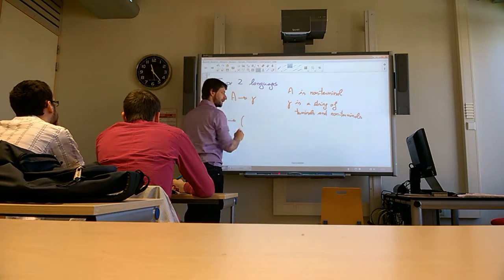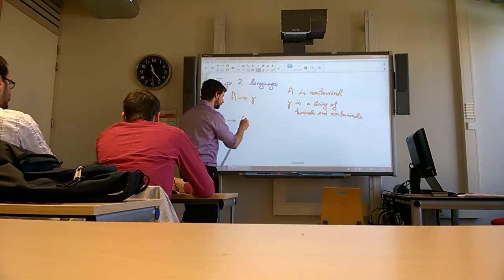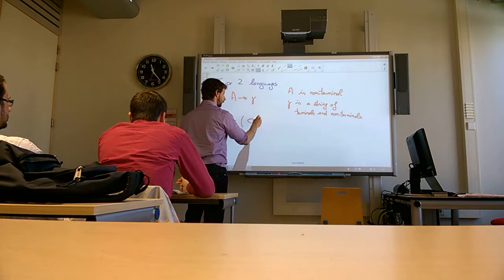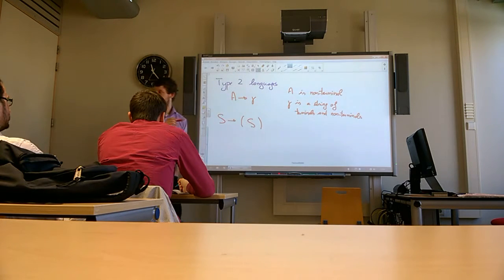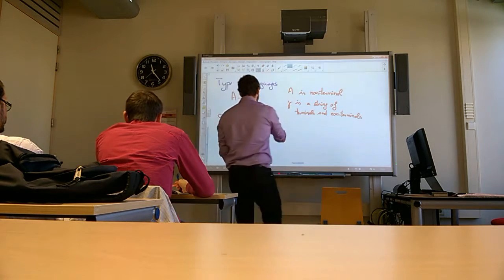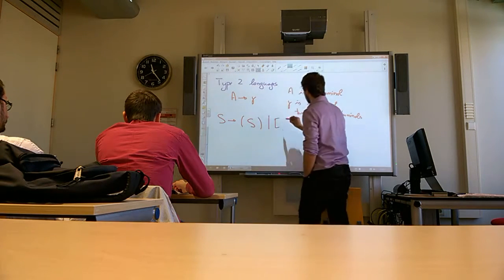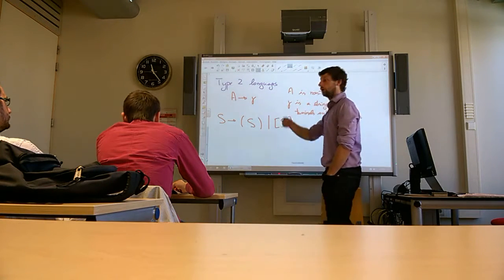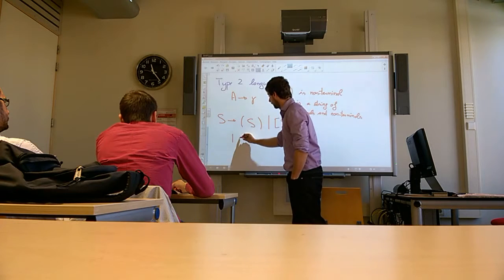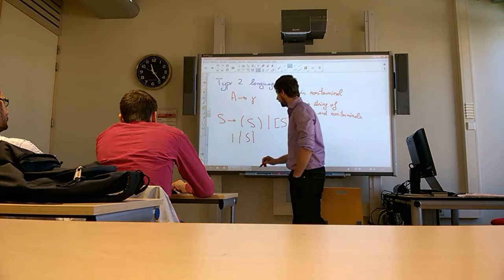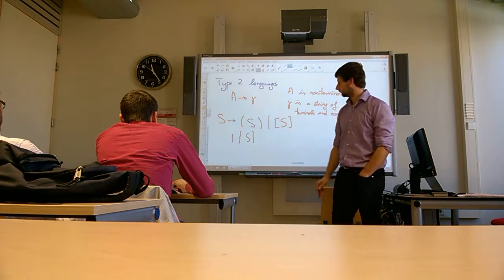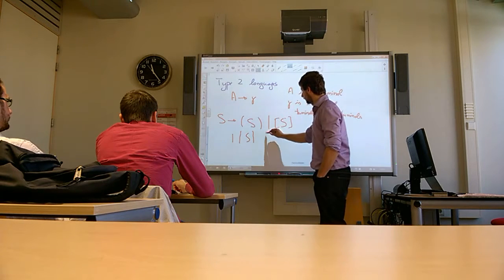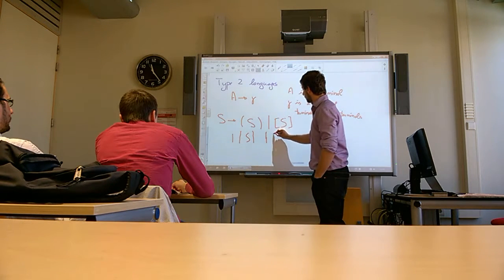So a parenthesis followed by S itself, followed by a closed parenthesis, or a square bracket followed by S, followed by a square bracket, or a curly bracket followed by S followed by a curly bracket, or the string hello.